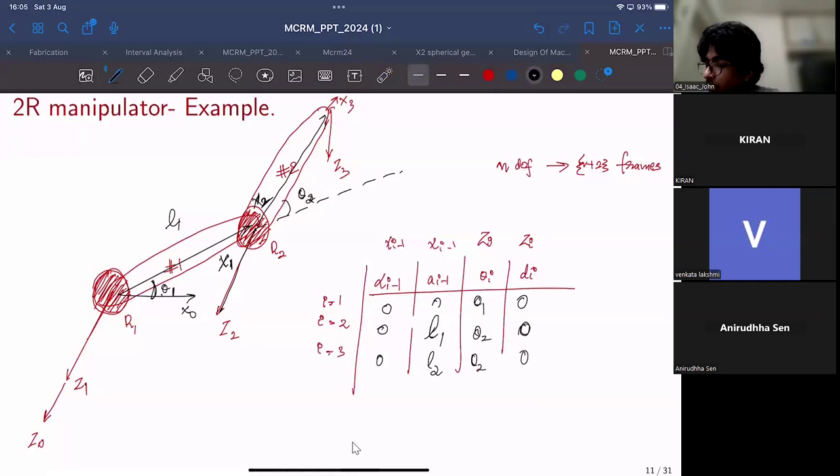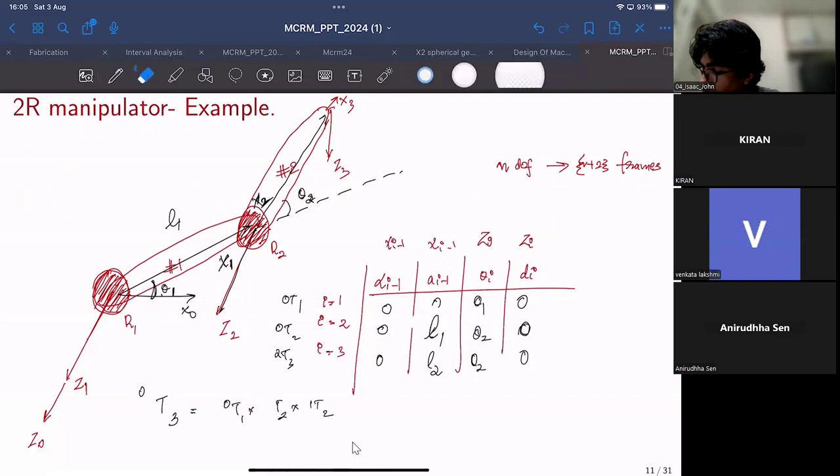And once you multiply out, this will be 0T1, second row would be 1T2, third row would be 2T3. And if you want to obtain the position and orientation of the frame 3 with respect to frame 0, you only need to multiply the individual transformation matrices 0T1, 1T2, and 2T3.